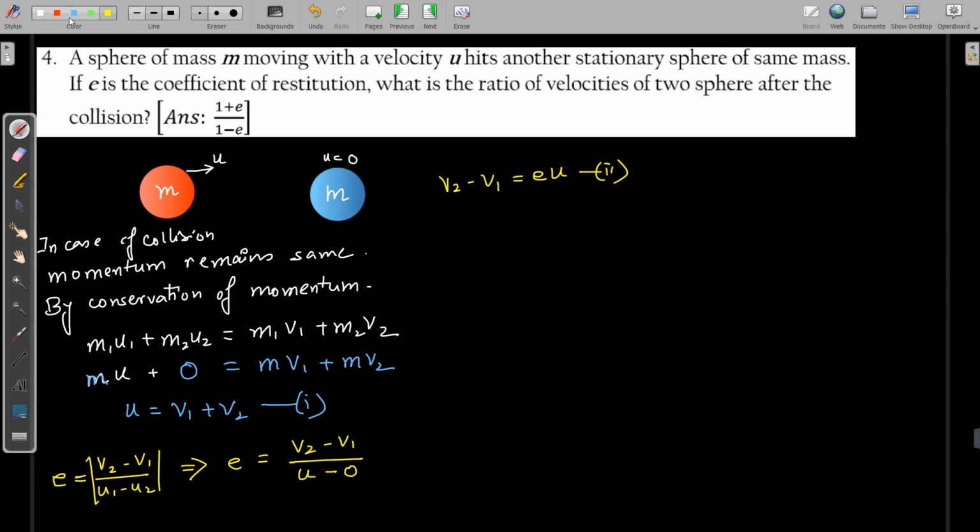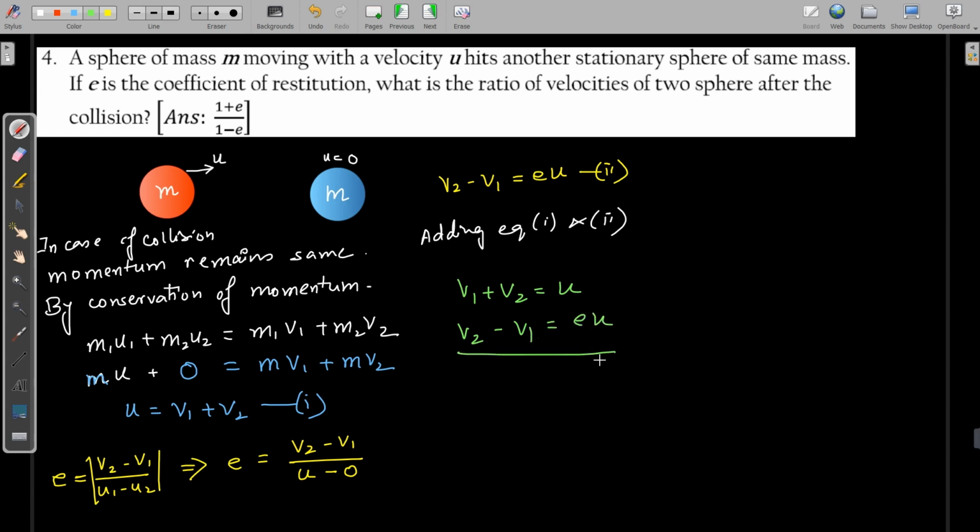So if I add both of them, adding equation 1 and 2, what do you get? Just see, v1 plus v2 is equal to u and v2 minus v1 is equal to eu. If I add them, v1 gets cancelled and we are getting 2v2 is equal to u plus eu.